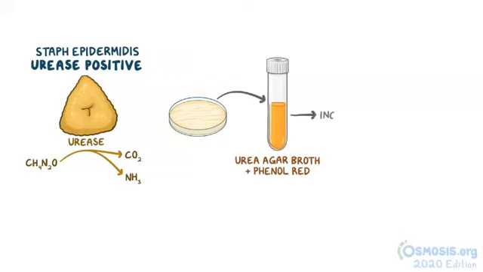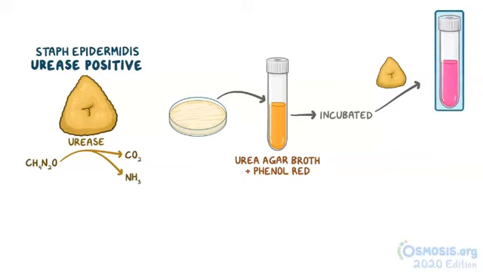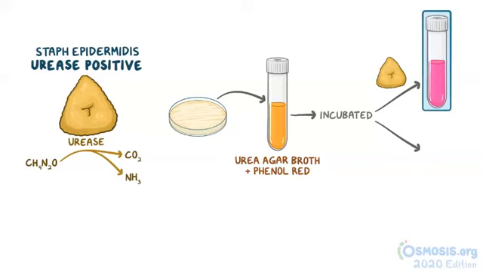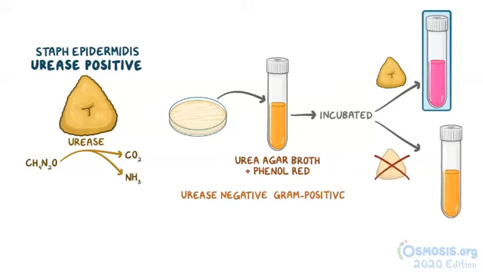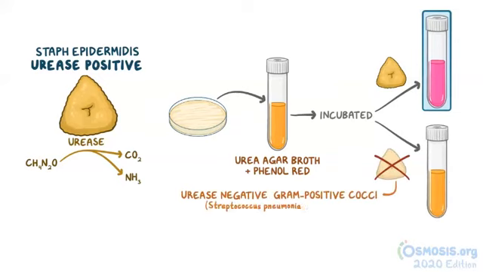Then, the mixture is incubated. So, with Staph epidermidis, urease does what it does, making urea dissociate into carbon dioxide and ammonia. The ammonia then makes the mixture change color from orange-yellow to bright pink. This doesn't happen with urease-negative gram-positive cocci, like Streptococcus pneumoniae or Enterococcus faecalis.